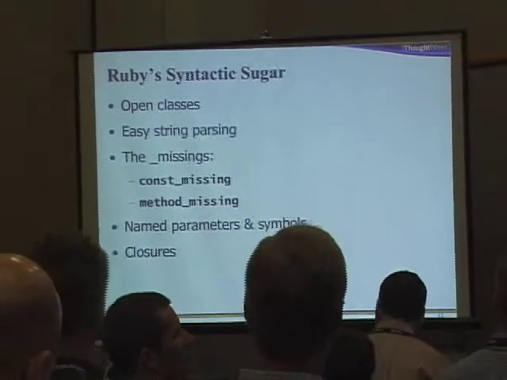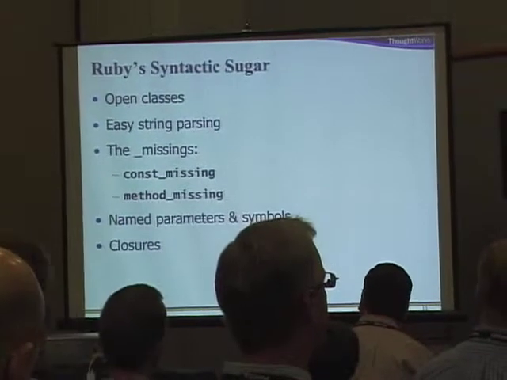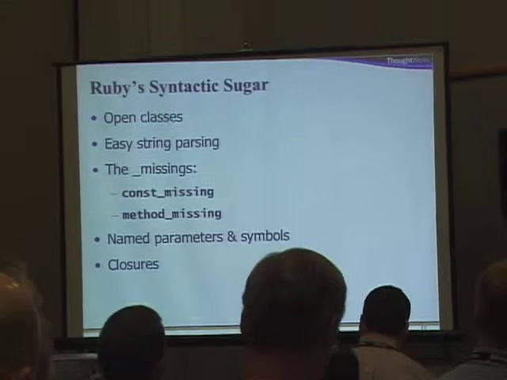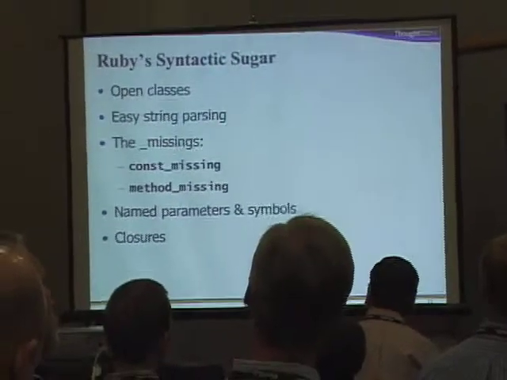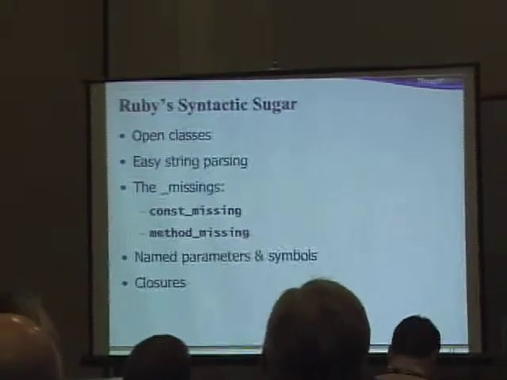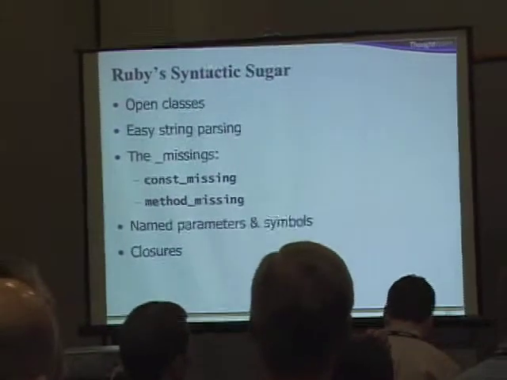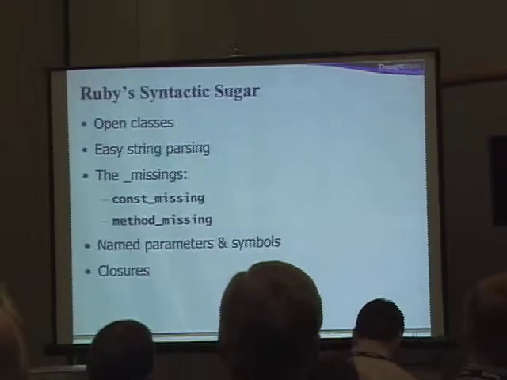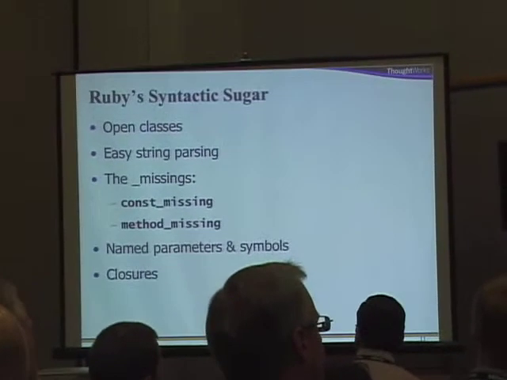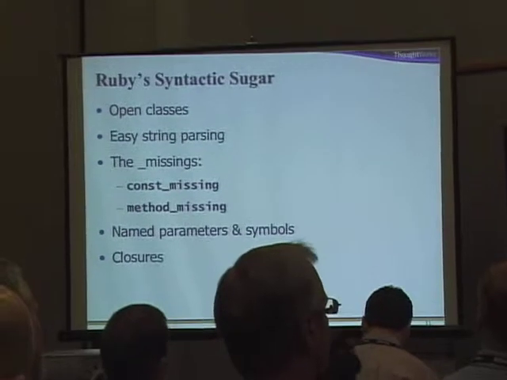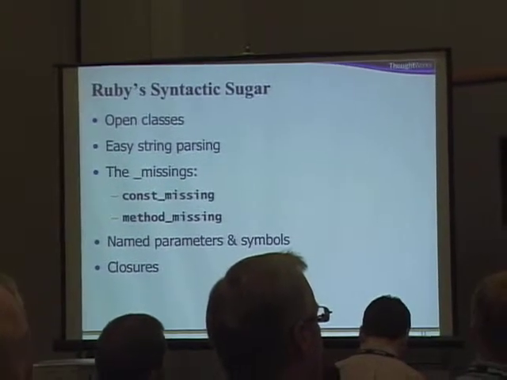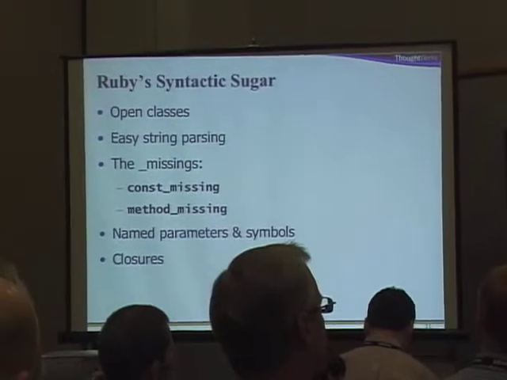You have constant missing and method missing, which allow you to do all sorts of magic tricks at runtime for methods that don't exist, but get synthesized in real time. Named parameters, symbols as hashes, and the loose rules about parentheses for method calls are all basically syntactic sugar for being able to create a language that looks just like you want it to look, but is actually functioning Ruby code.